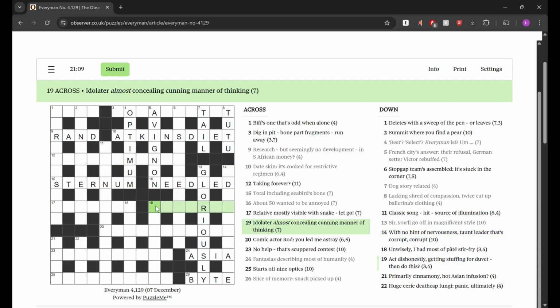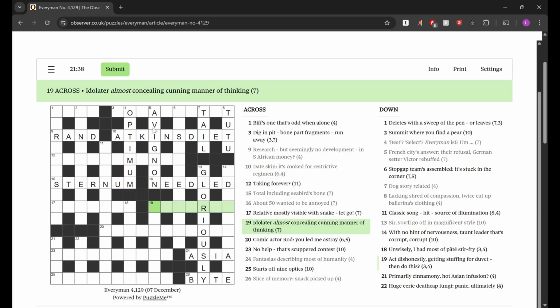Let's try and get the acrosses. 19 across, either later, almost concealing, cunning manner of thinking. Cunning could be sly. Either later.